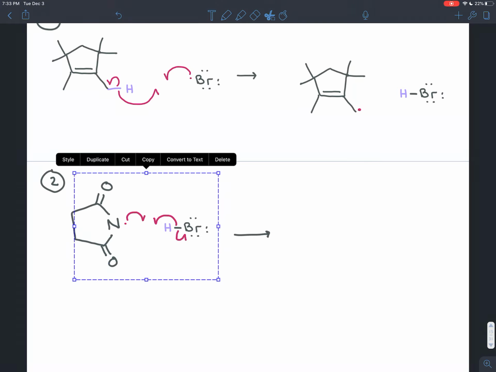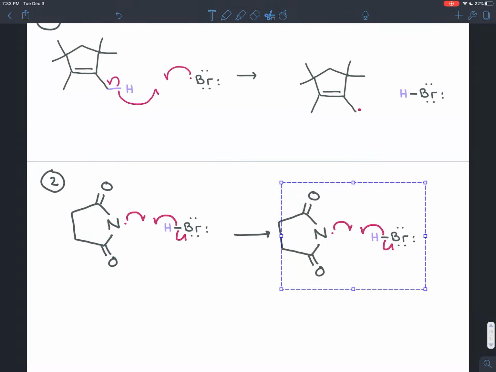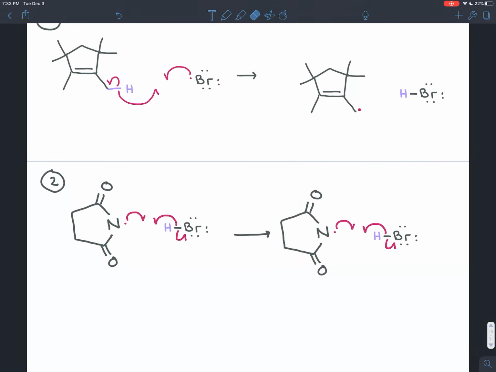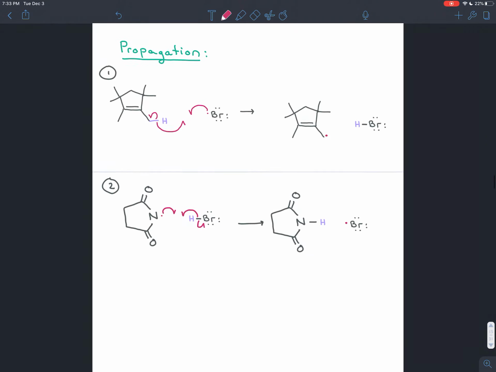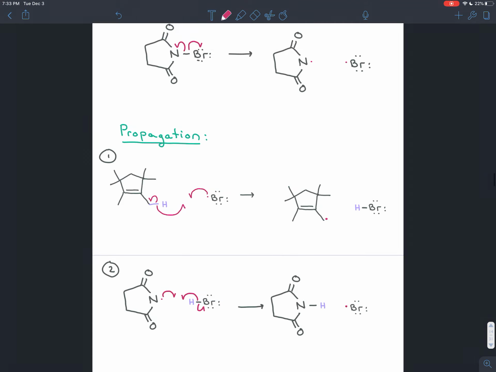So here, you end up breaking this bond. The radical forms a new bond to the hydrogen, and the other electron in the bond forms a bromine radical again. So that's the second propagation step that you would want to be able to draw in this mechanism.